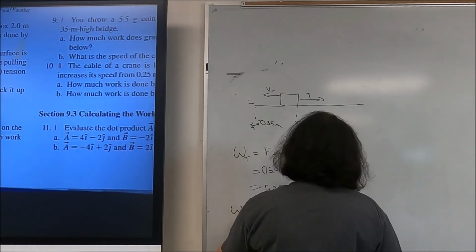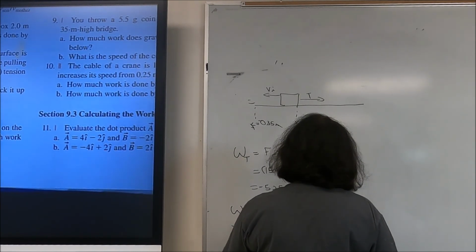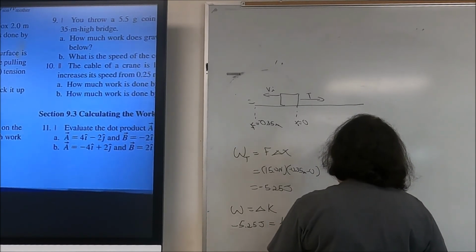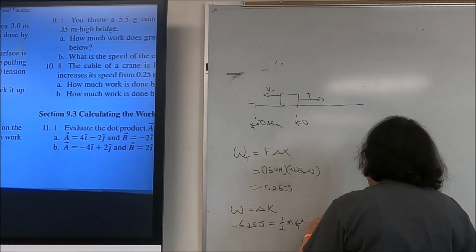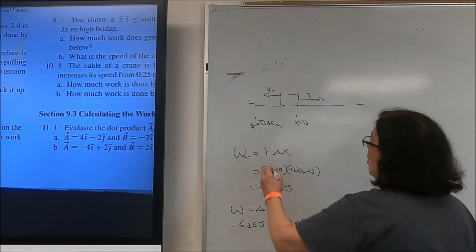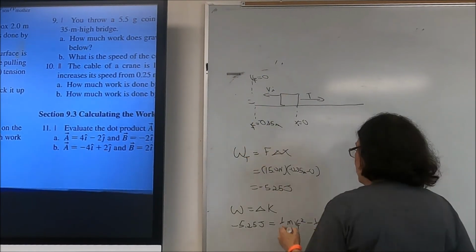So work also equals change in kinetic energy. So the minus 5.25 joules has to equal 1/2 m v final squared minus 1/2 m v initial squared. And we are told that at this point, v final equals 0.